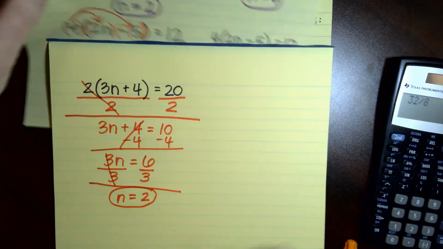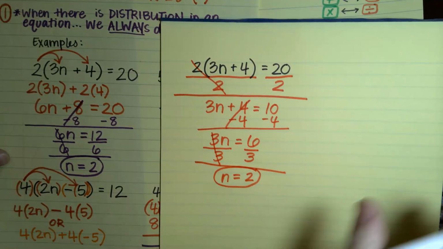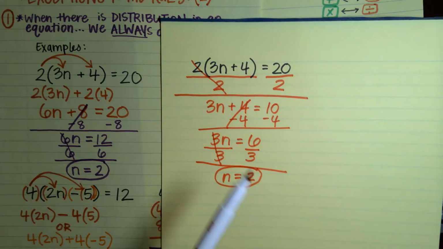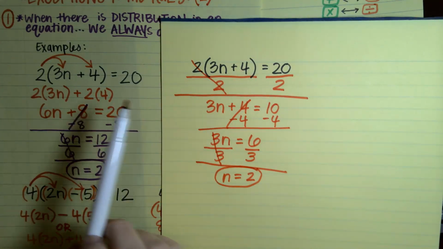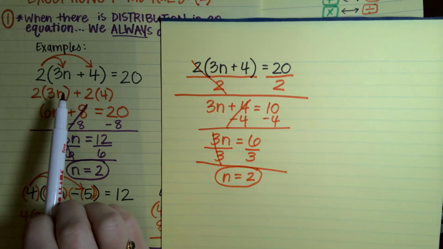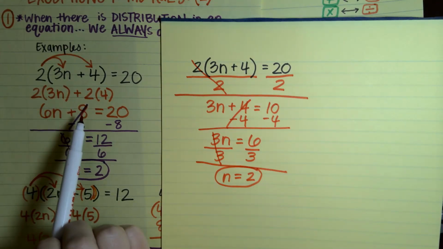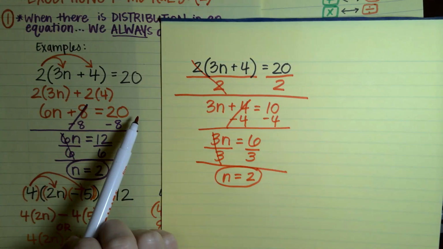And what do you know? That's the same thing we got the first time. Okay? The only thing we did different is we multiplied here. We did 2 times 3n and 2 times 4 to get 6n plus 8 equals 20.